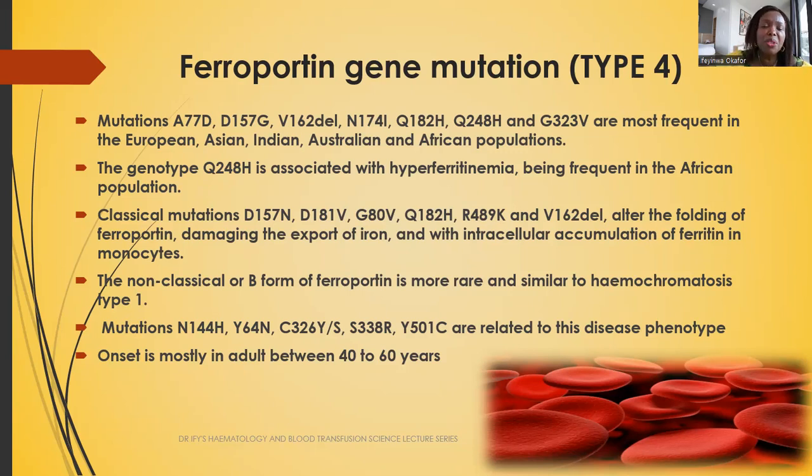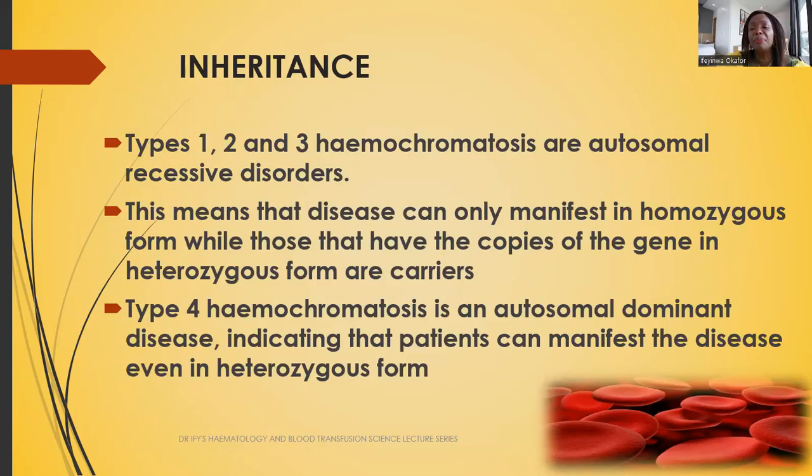Then we have mutations in the N144H allele, the Y64 allele, and the rest that are related to this disease phenotype. Remember that we said the onset is like that of type 1 hemochromatosis. It occurs in adulthood, mostly between 40 to 60 years of age.